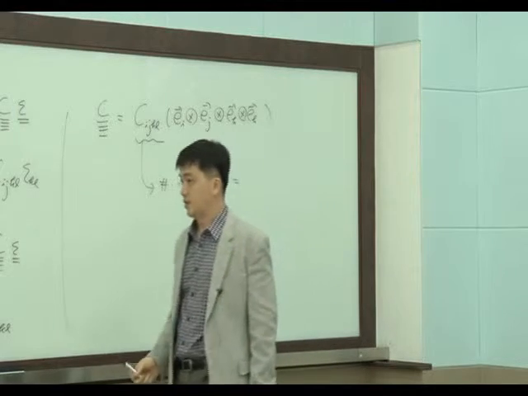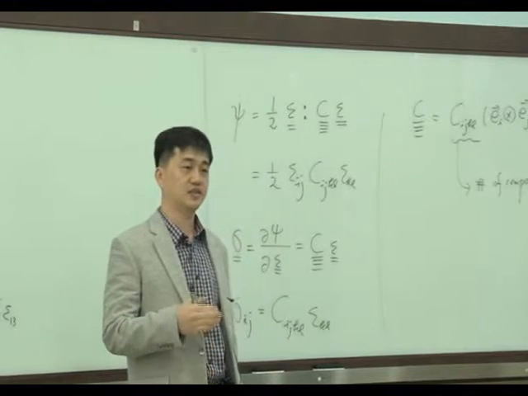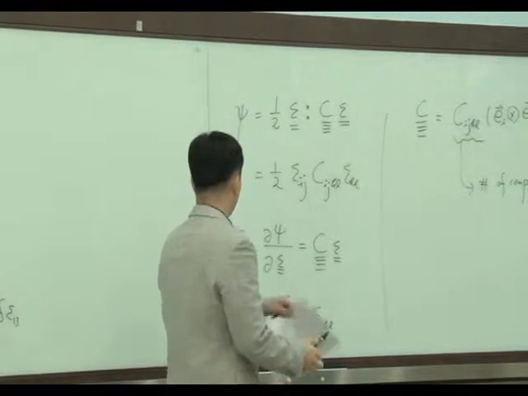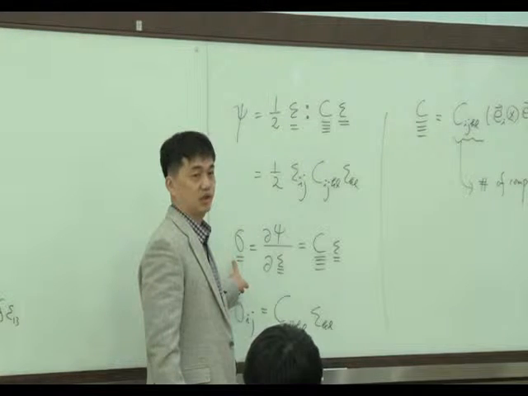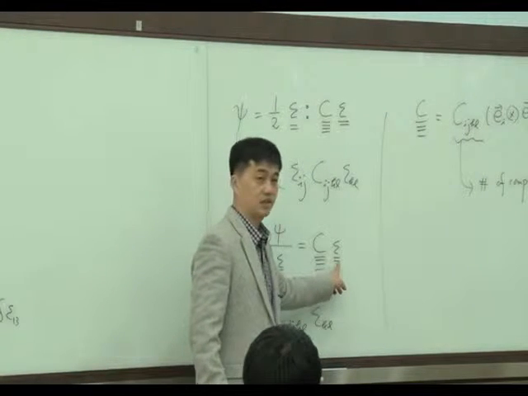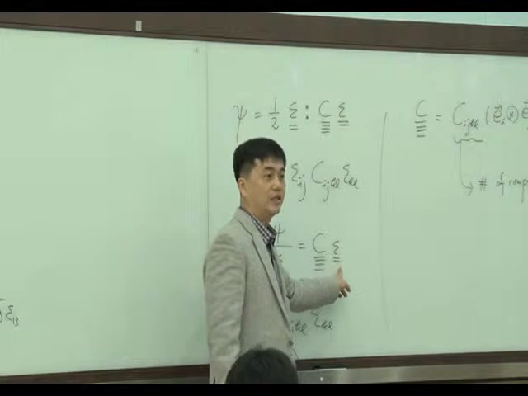The matrix C gives us the relation between stress and strain. So how many stress components do we have here? This is 3 by 3, so 9 components, and strain also has 9 components.